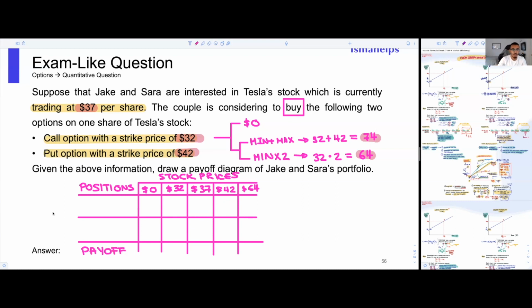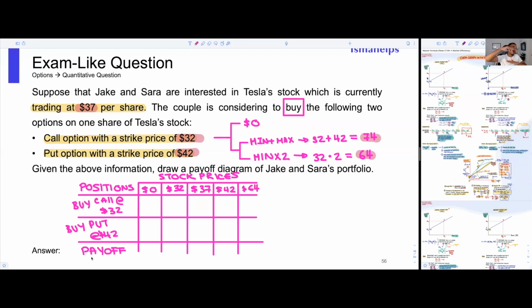Of course, the first row is going to be the purchase: buy call at $32. And here's going to be buy put at $42. We're going to compute the payoff for each and every one of these stock prices that we're simulating, and we're going to do that for both positions.